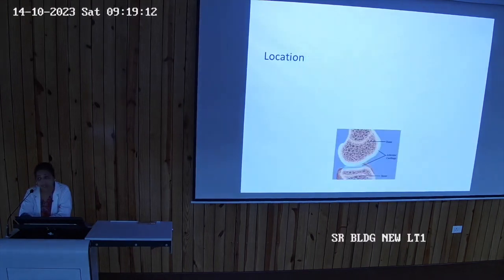Now, what are the examples? Once you know the features, you must know where they are present. What are the examples of hyaline cartilage? Yes? This one is given in front of you, articular cartilage. What feature of articular cartilage was told just now? Perichondrium is absent. Any other example that you know? Nasal septum, very good.